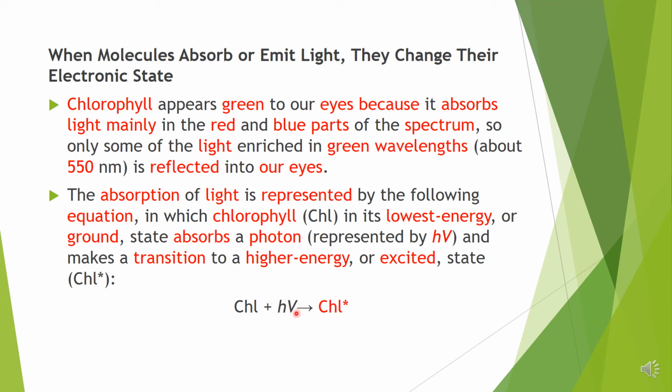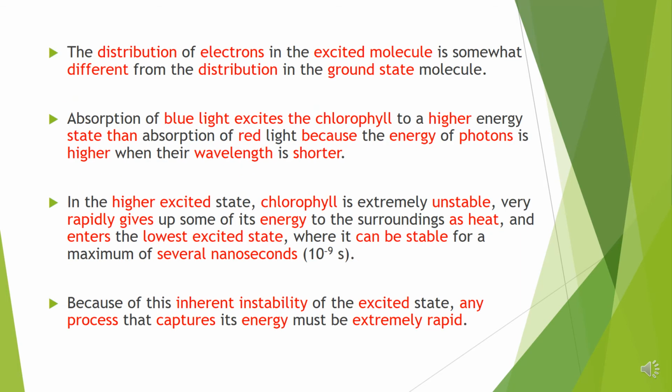Light striking the chlorophyll molecule can excite it, and this is the representation of the excited chlorophyll molecule. This one is the ground state chlorophyll molecule, whereas this one is the excited state. Once the molecule is excited from the ground state, the distribution of electrons in the excited molecule is different from that of the ground state.